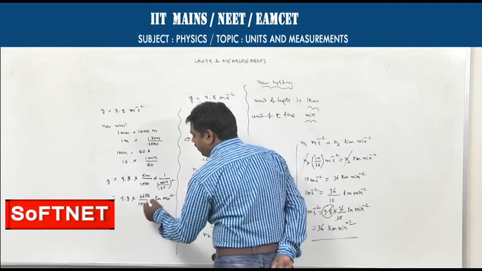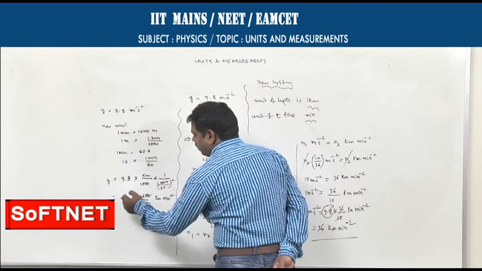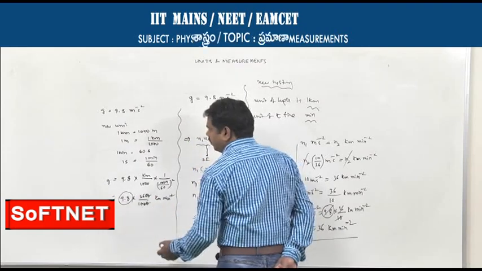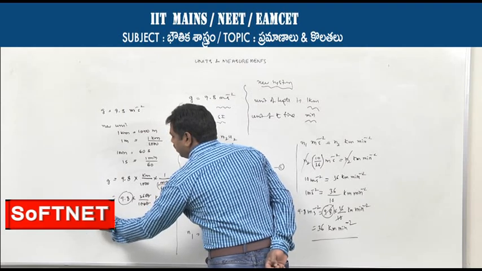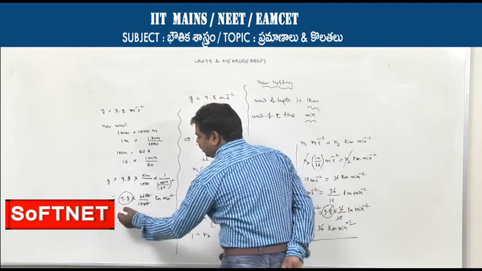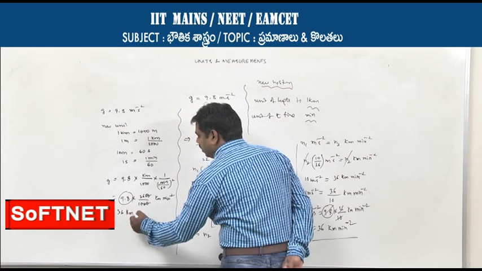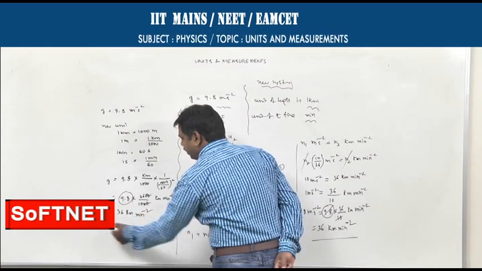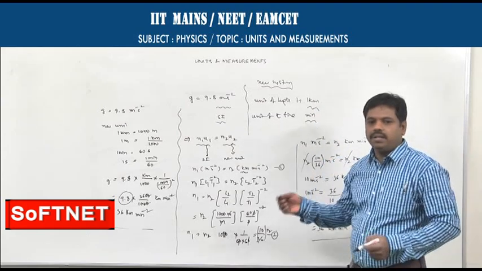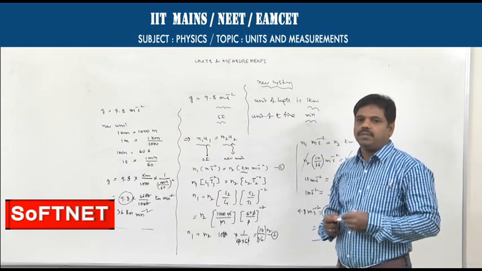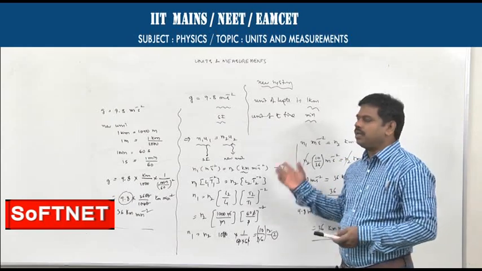On simplification, if 9.8 is taken as approximately 10, you will get 9.8 meter per second square is equal to 36 kilometer per minute square. So like this, we can convert the unit of any physical quantity from one system to some unknown system also.